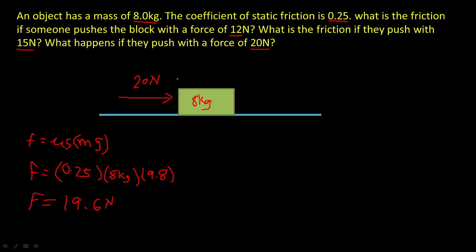Since ang ating maximum na available na friction force ay 19.6 lang, hindi niya kayang i-match itong si 20 Newtons. 19.6 Newton lang yung ating available friction. So, ngayon, meron na tayong unbalanced na force. Hindi na siya katulad kanina na balance yung ating forces or nagmamatch yung ating forces. Unbalanced force.